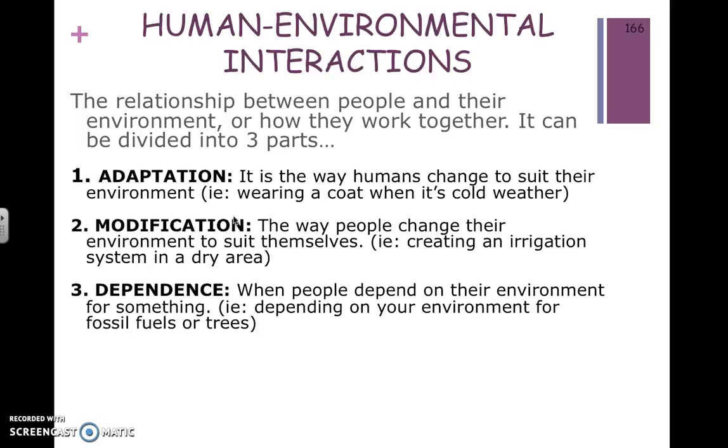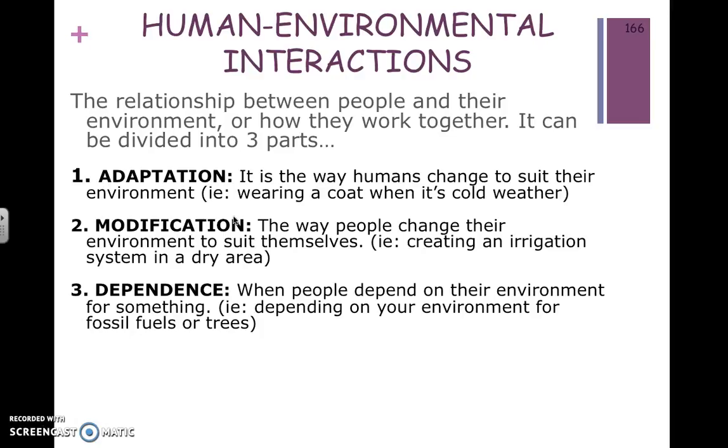So humans have modified the landscape to create irrigation systems. We've built dams to dam rivers and create reservoirs. And we use that water that we're collecting to transport it and use it as a drinking source, to water farms, and for our plants and animals as well.